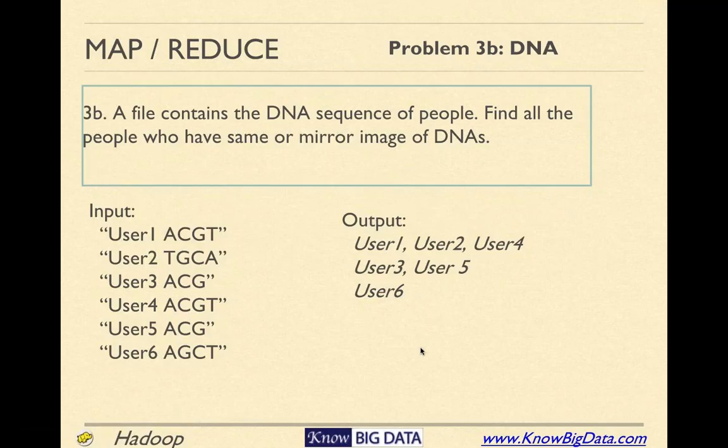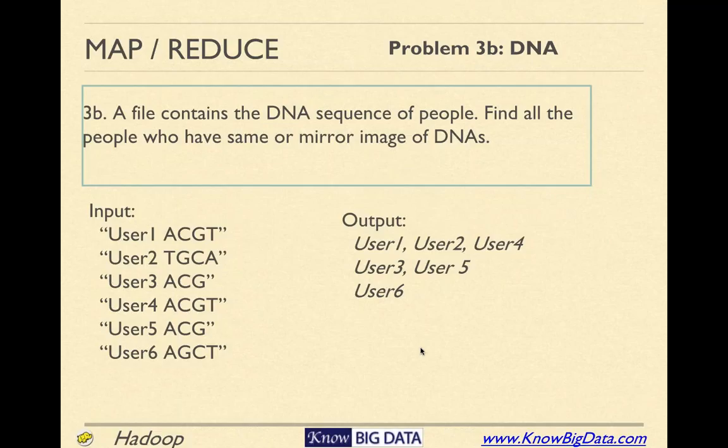All right. Now, how do you bring together the people whose DNA is either identical or reversed? Basically, the whole agenda is to find a common key, so that all the people you want to bring together have the same key.